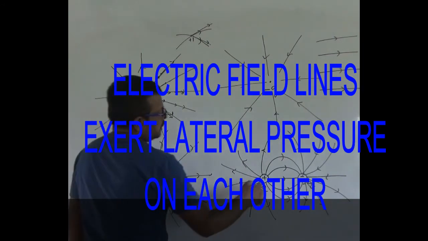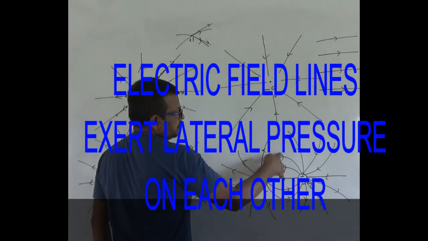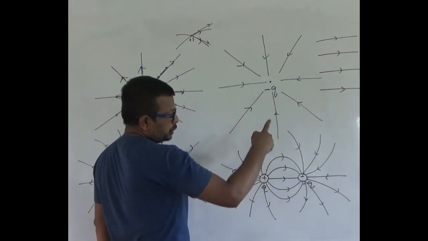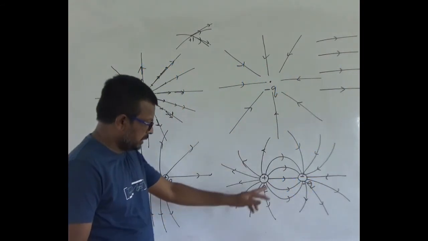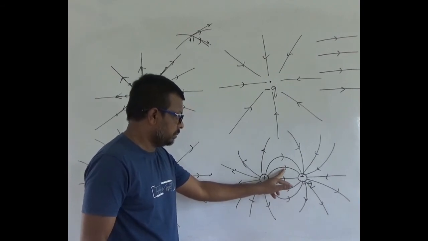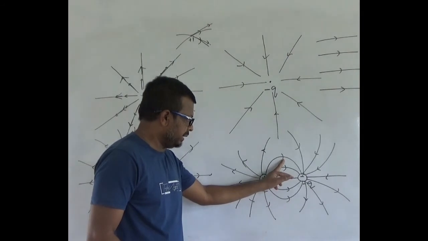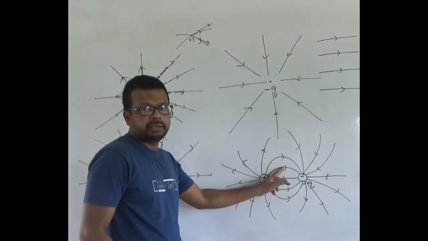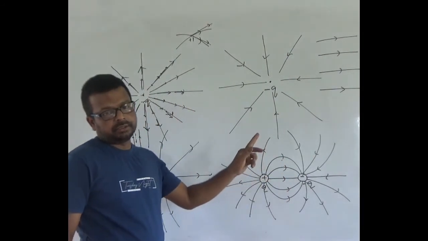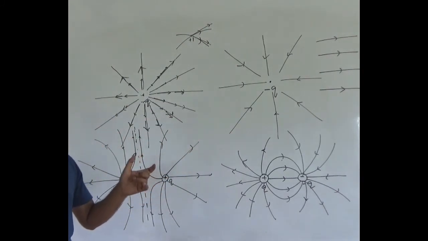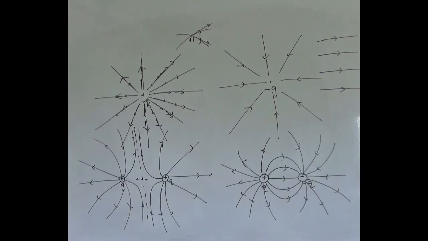That means these two lines exert a pressure opposite to each other: this line exerts a pressure on this line towards this direction, and this line exerts a pressure on this line along this direction. This represents the repulsive force between like charges.